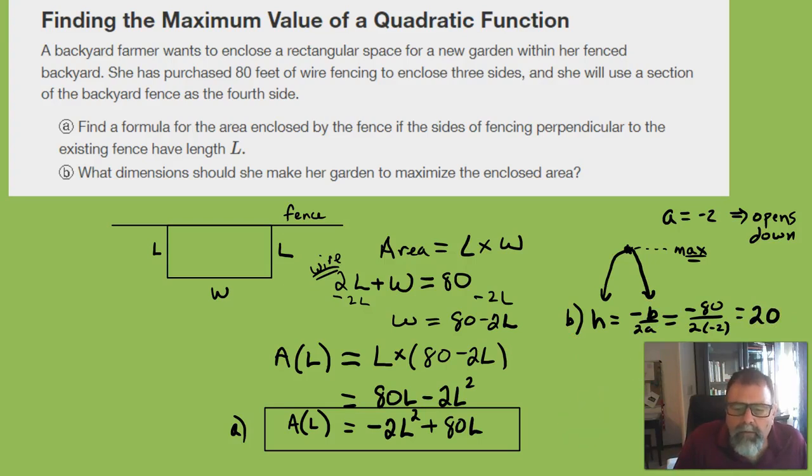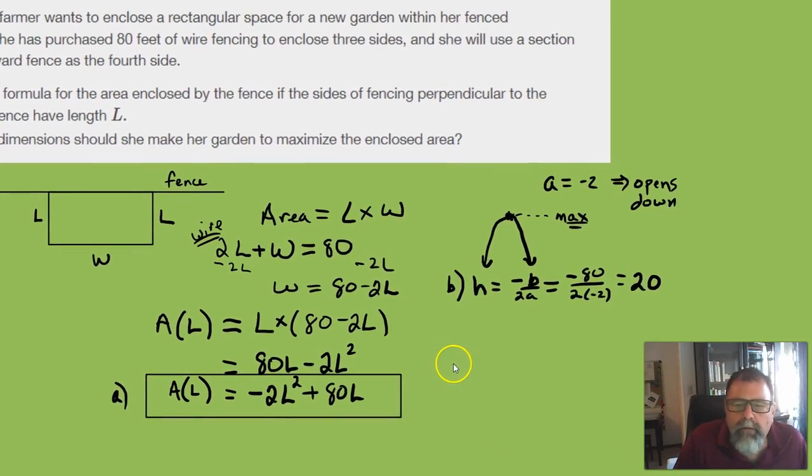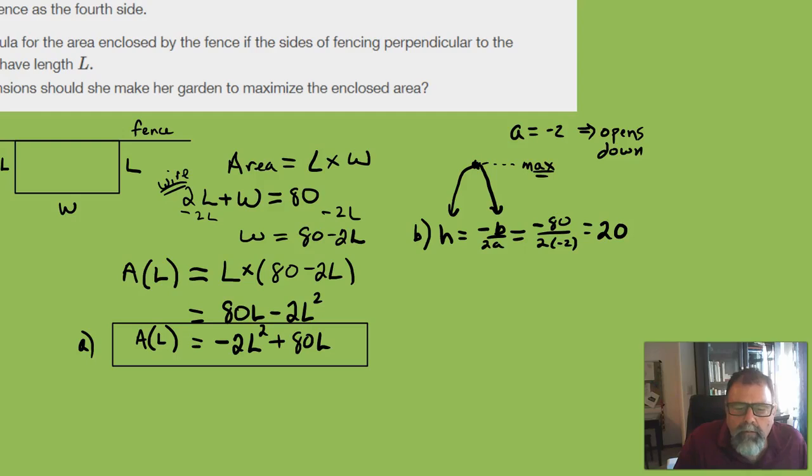Now I'm going to figure out k, which is f of 20, or I should say A of 20.